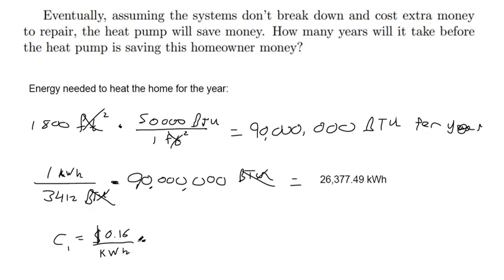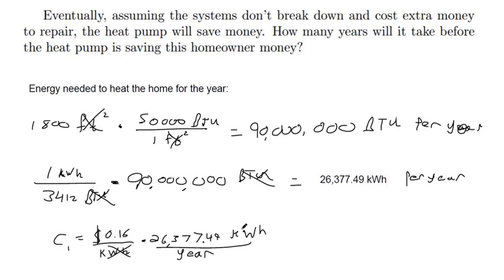And then we multiply that by this kilowatt hours per year, 26,377.49. This is kilowatt hours again per year. We're multiplying those because we're trying to determine a cost. We want just dollars left over.